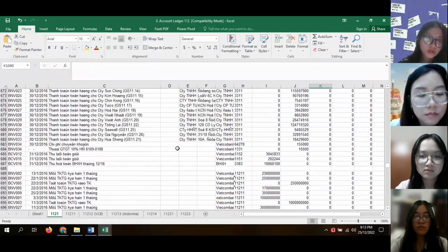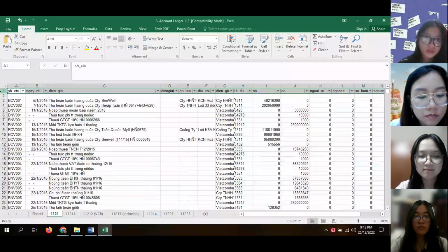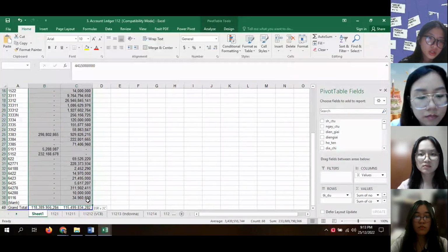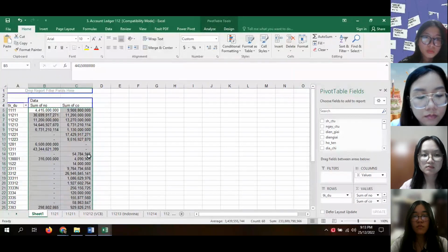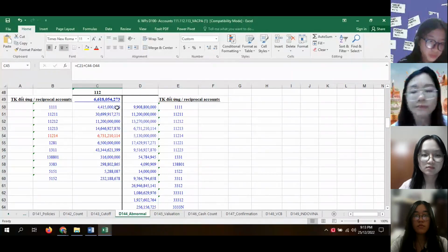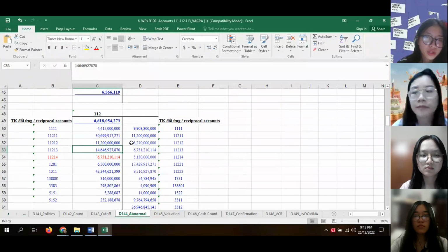So I click the sum of this, and click pivot table to see all the transactions that occur until the December, and we'll copy this and paste it into the T account again.